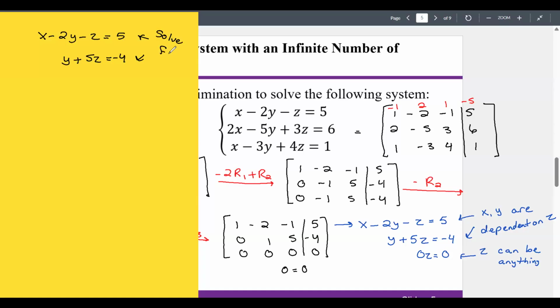So we want to solve in terms of z. So the first thing we're going to do is take this equation, y plus 5z equals negative 4.